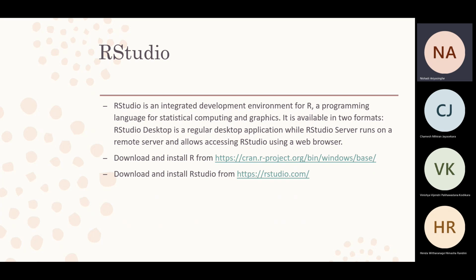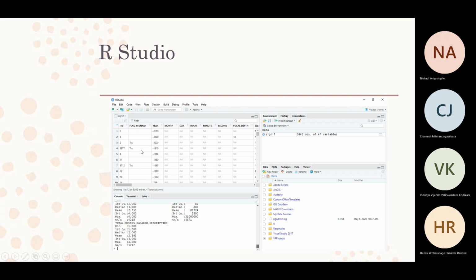If you are using Linux, Mac, or any such operating systems, you can always go to r-project.org, select the specific OS and download it. Right? So that is R. You have to download and install. Then you have to download and install R Studio from this link. I have provided this link as well. You can download and install. Right?